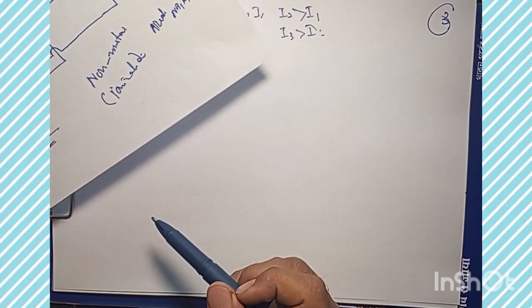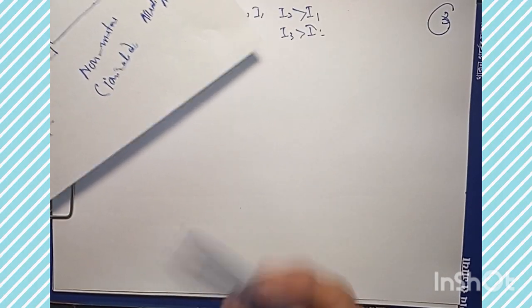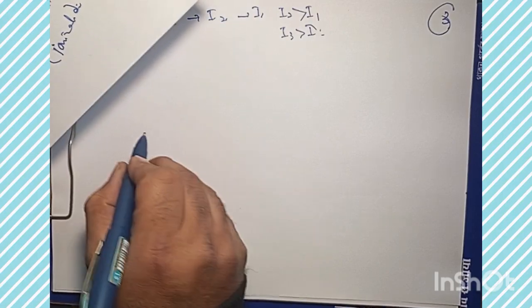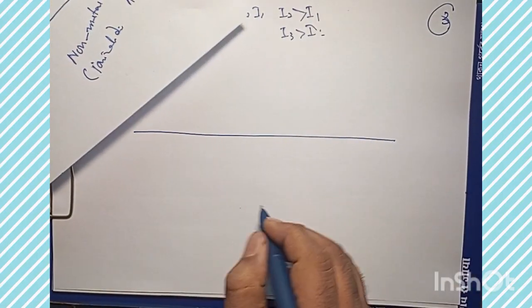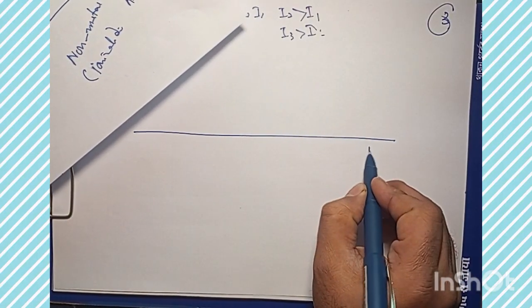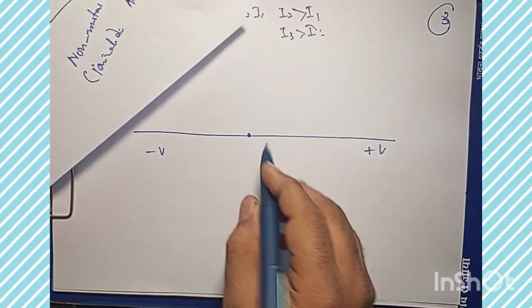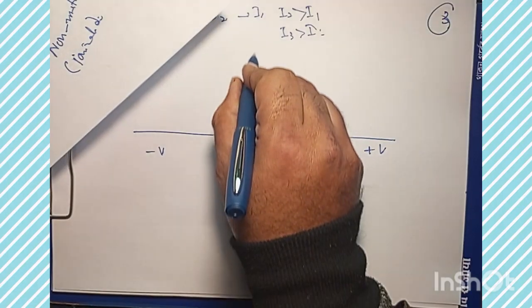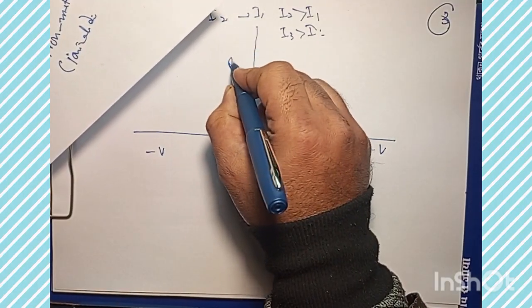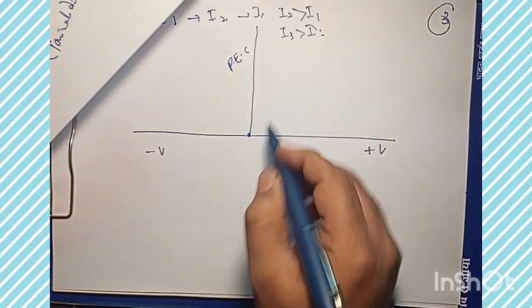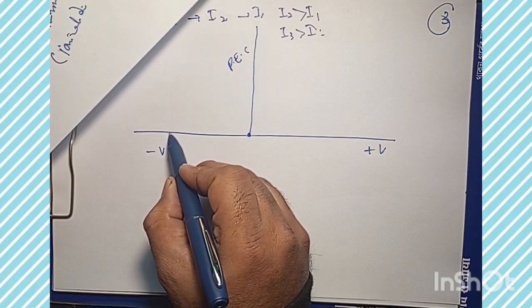What we observe in this case is something like this. We have this positive V and this negative V. Suppose this is the origin, and we have the photoelectric current, and what we see is something like this.